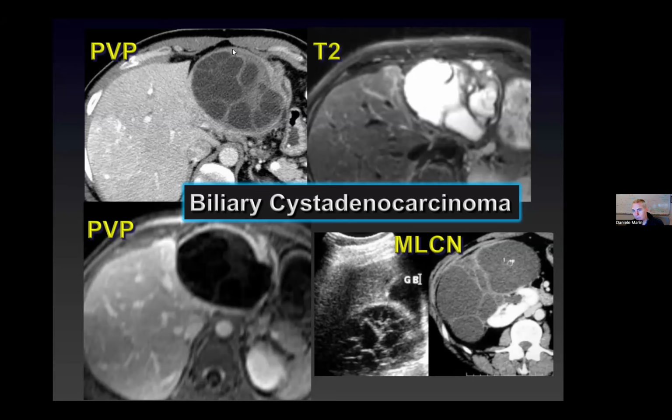So anytime you see enhancing nodules within what looks like a biliary cystadenoma, you should be worried about potential malignant transformation of the lesion. So the degree of thickening of the septa and the wall, the presence of nodules, and interval growth are the most important findings to differentiate between biliary cystadenomas and cystadenocarcinomas.